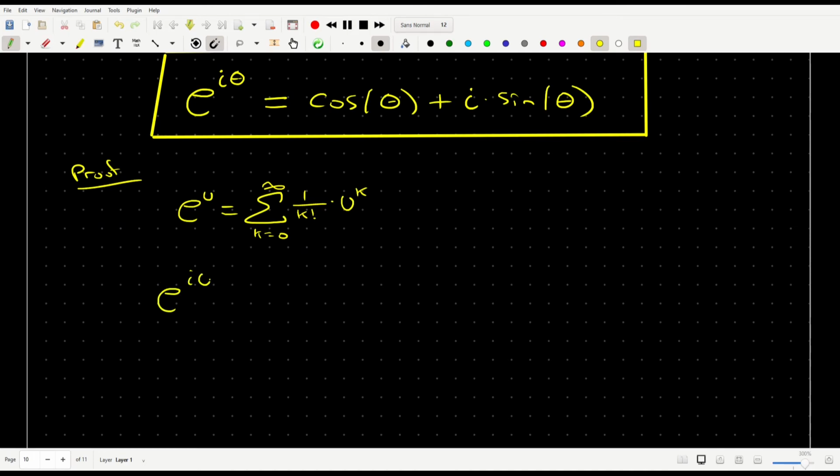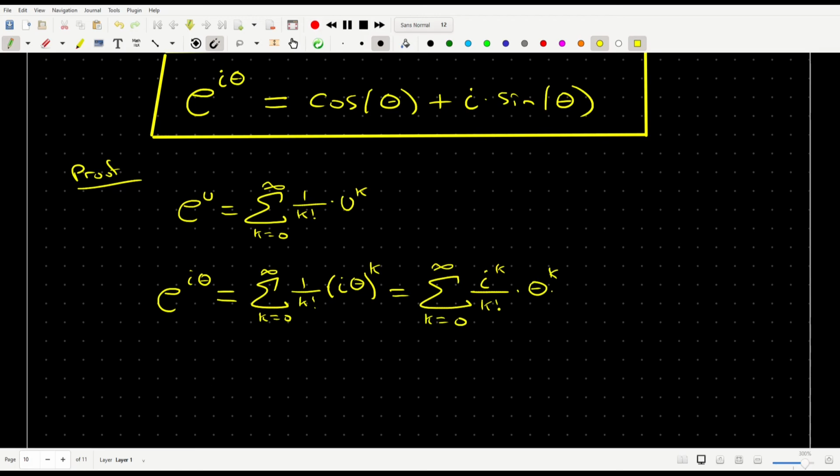So e to the i theta is going to be the summation from k equals 0 to infinity of 1 over k factorial times i theta to the k, which is the same thing as the summation from k equals 0 to infinity of i to the k over k factorial times theta to the k.